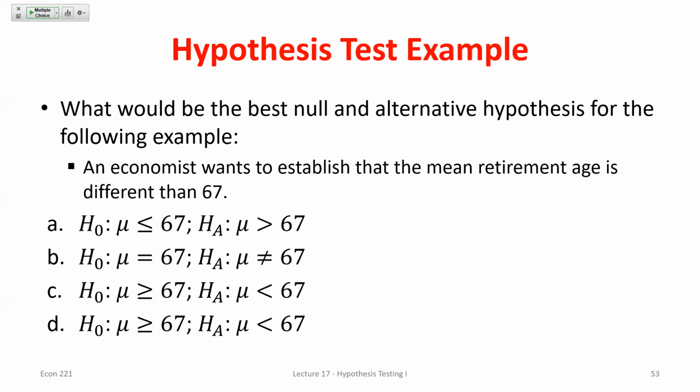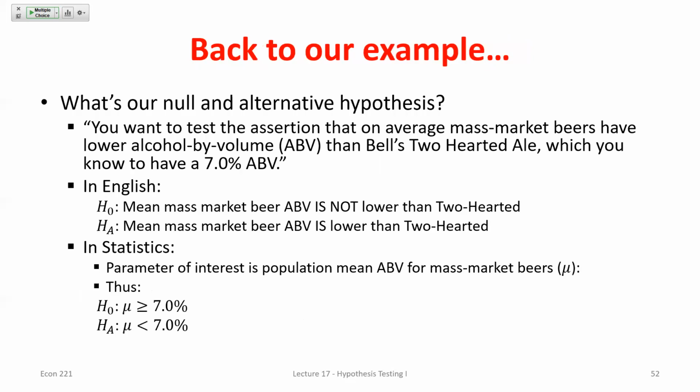You can also say whatever I'm trying to test against would be my null. I usually don't phrase things that way because in practice you want to find something. Like here, I wanted to see, is the average mass market beer less than 7%? Well, that's what I want to find. That's what I'm trying to test for. That's what goes into the alternative hypothesis.